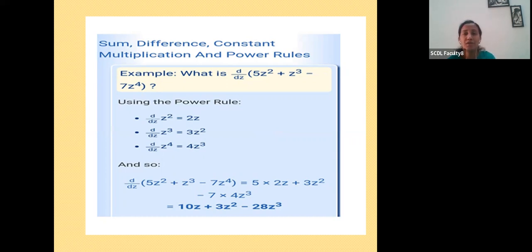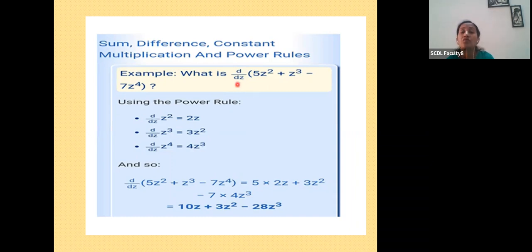Now in this example, what is asked? d by dz of the bracket 5z squared plus z cubed minus 7z to the fourth, and we have to find its derivative. As I said, first separate the derivatives like in our formulas.